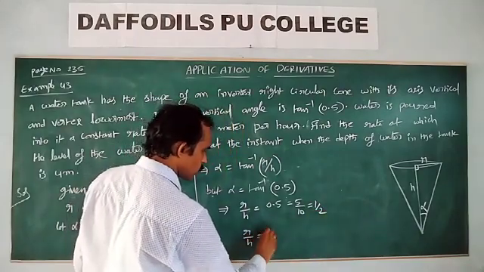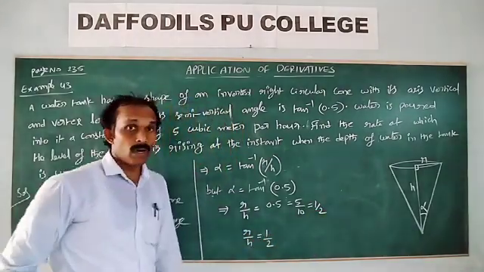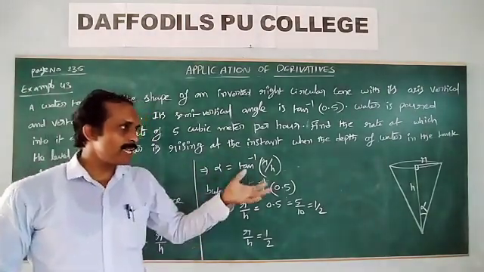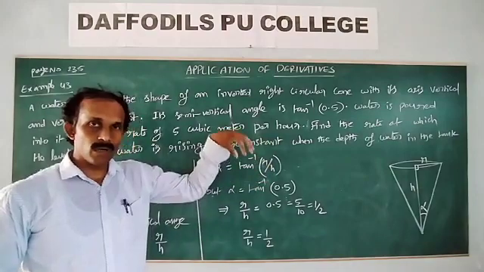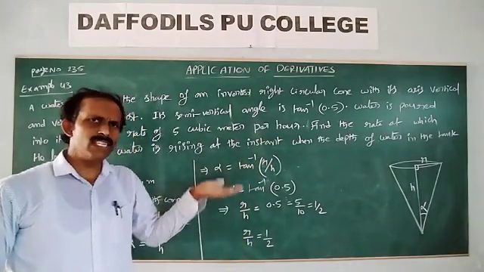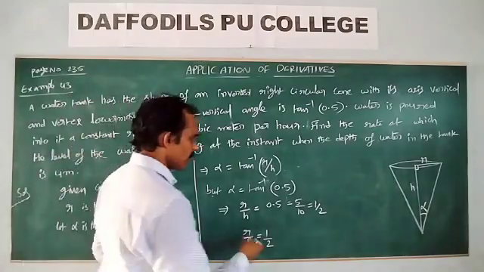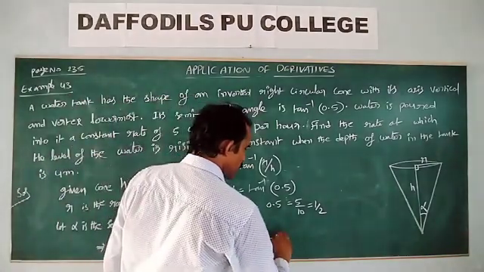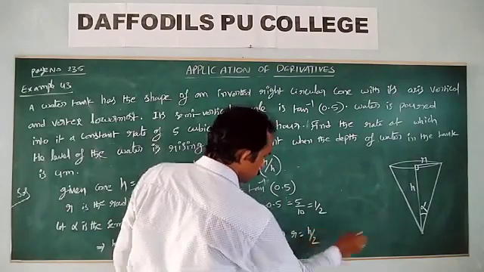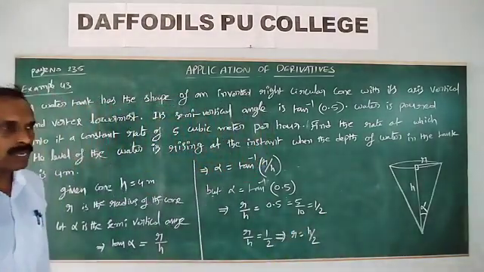The variable here is height. When water is poured into the cone, the height level changes, so the radius can be written in terms of h: r is equal to h by 2.